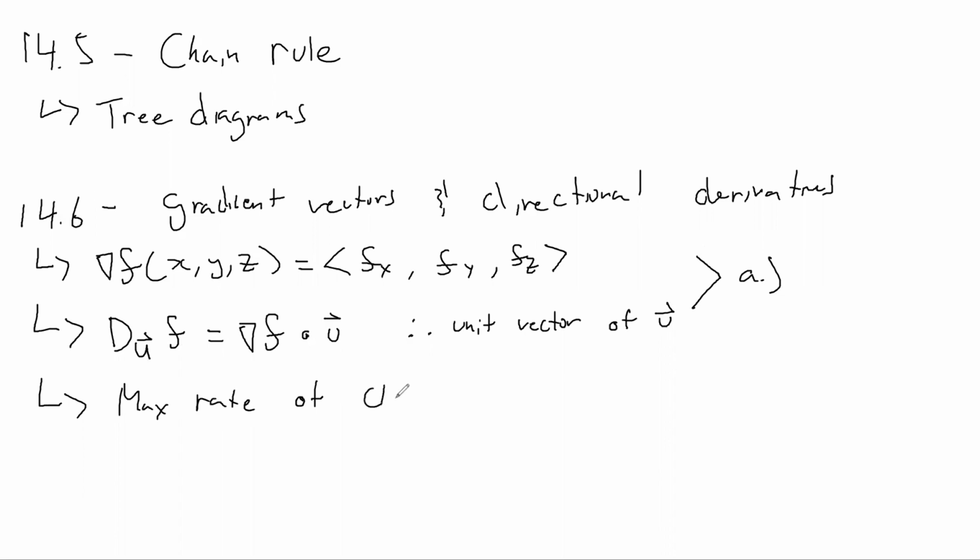That was also covered in 14.6, which is essentially the magnitude of your gradient vector, if, let's say, the function f has variables x, y, z, and then the direction of these gradient vectors. And lastly, this is going to be part B.